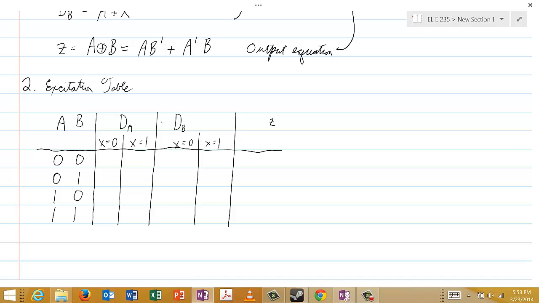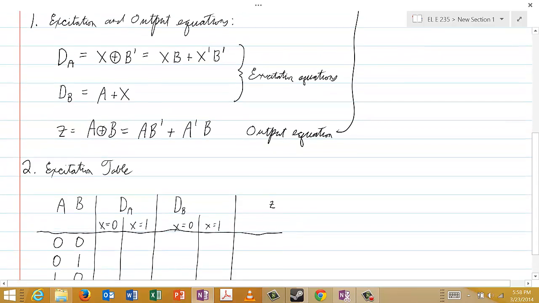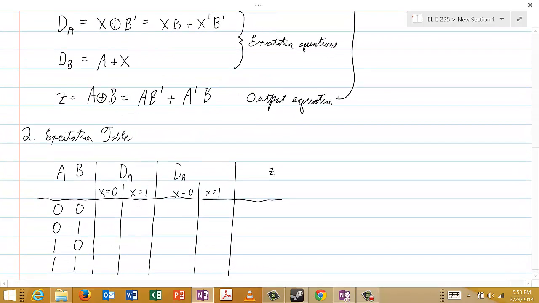So now what we want to do is use our excitation equations and the output equation to fill in all of this data. Let's start with maybe the easiest one, which is the output equation. Remember, Z is equal to A B prime ORed with A prime B. So when A and B are both equal to 0, this will be 0.